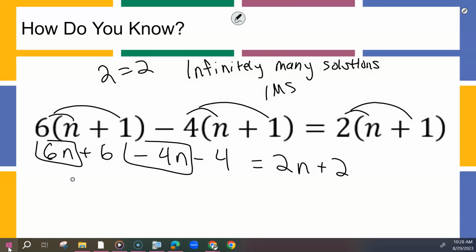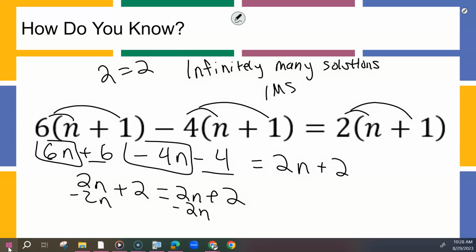You combine these two to get what? 2. And then the numbers 6 and 2. I subtracted 2 from the right side and 4 to the left, because making 2 is 2.